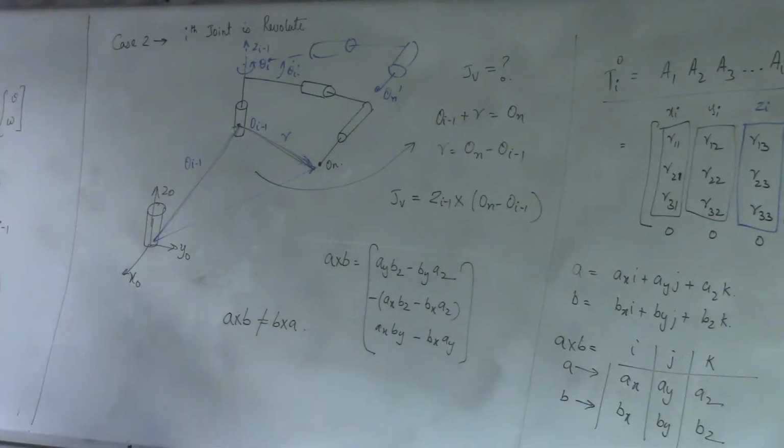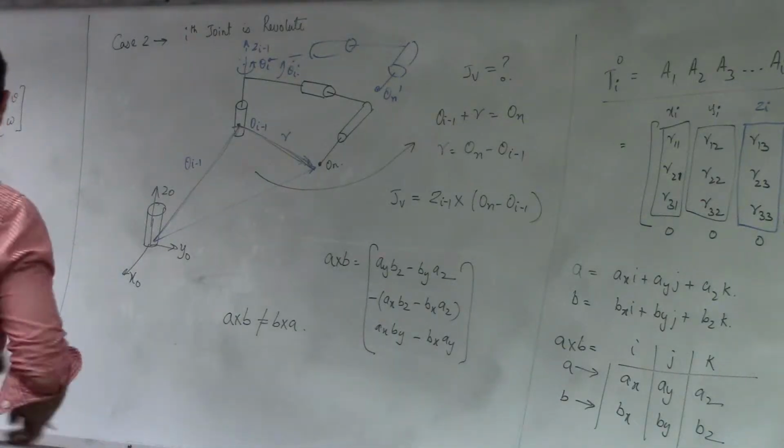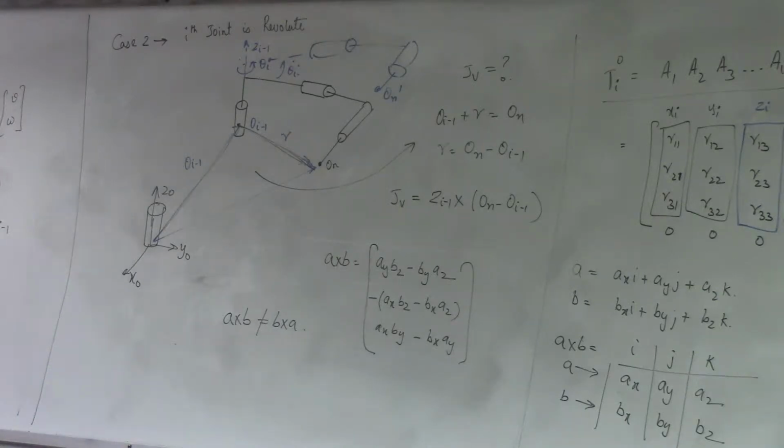So let's check this formulation with the structure that we started with, which is the 2 degree of freedom structure. And let me list out the A matrices so you can work with me to develop the Jacobian.